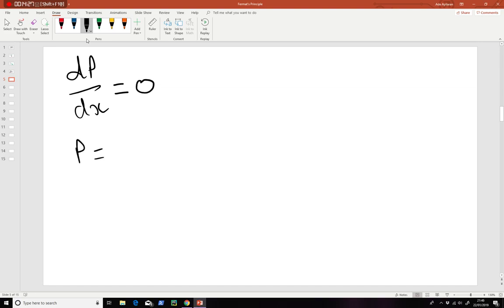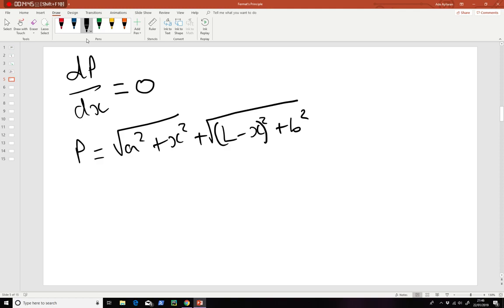But P itself equals the square root of a squared plus x squared, plus the square root of L minus x all squared plus b squared. Now this sort of differentiation is both a combination of chain rule and differentiation by substitution. So let's do it in two parts.